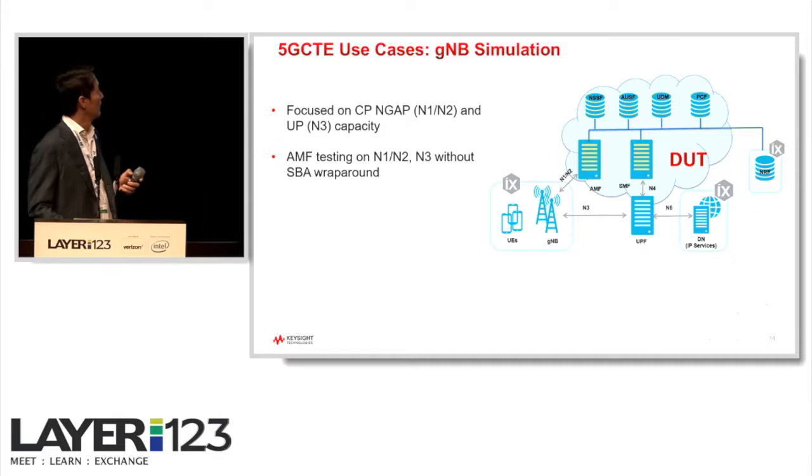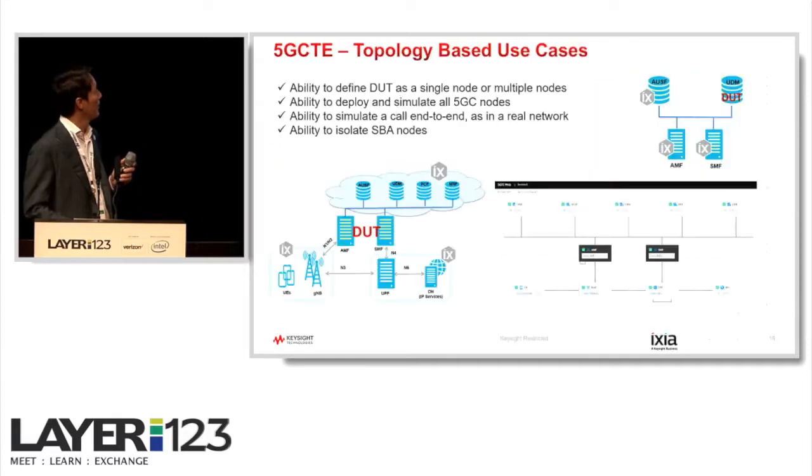So AMF testing, basically we'll be measuring the performance on the N1, N2 and N3 interfaces. These are mostly very important for the 5G core.